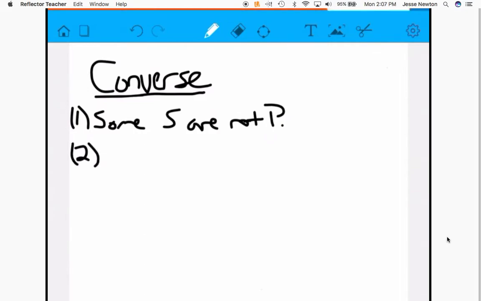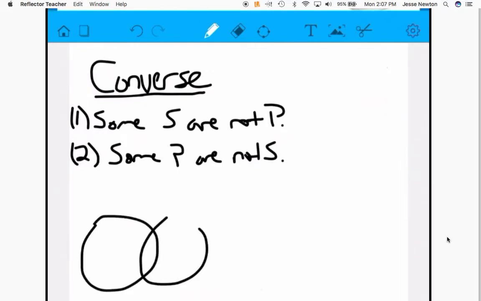Well, the converse is going to be some P are not S. Because remember, for the converse, we just switch the subject and predicate. Plain and simple. All right, well, in order to figure this out, we draw our Venn diagram just as before. 1, 2, 3. Put our S and P at the top so we can keep this class of things straight from this class. And then some S are not P.